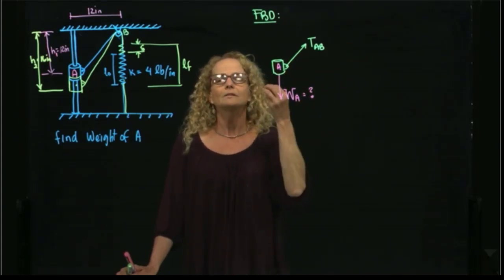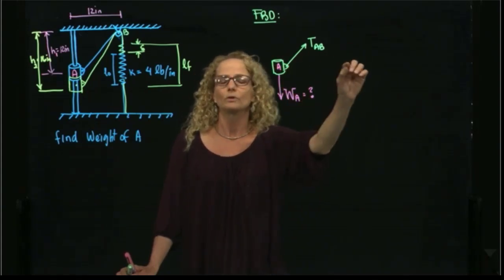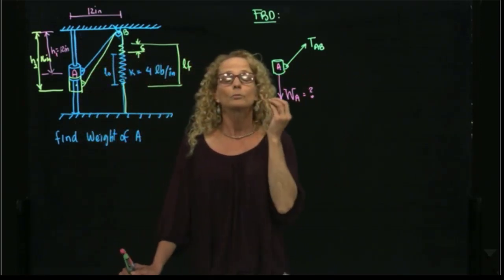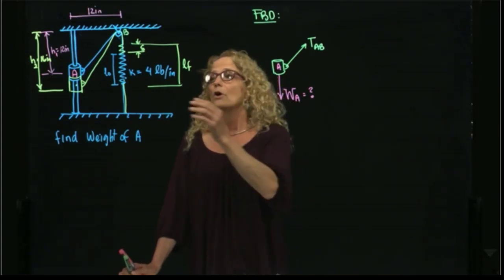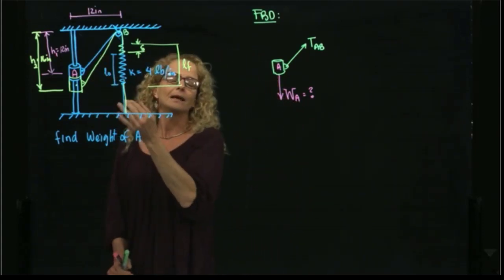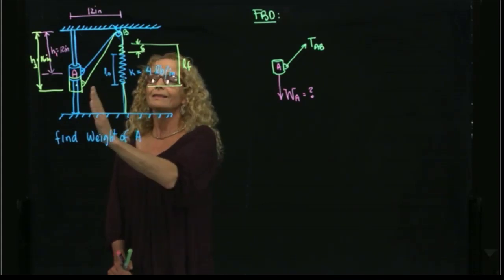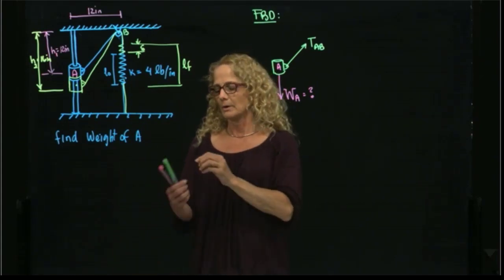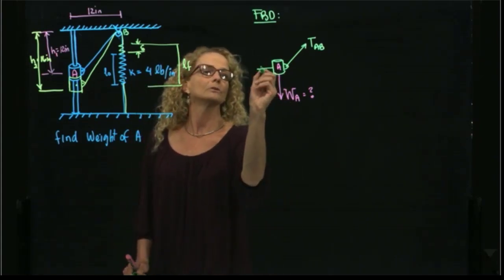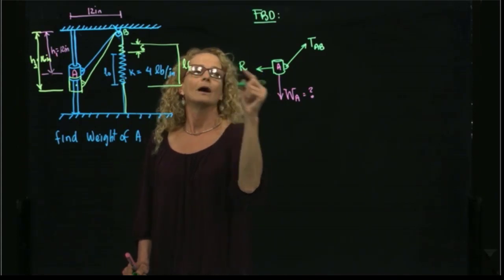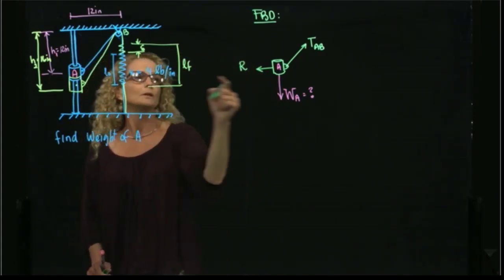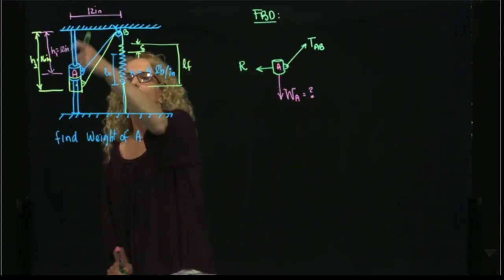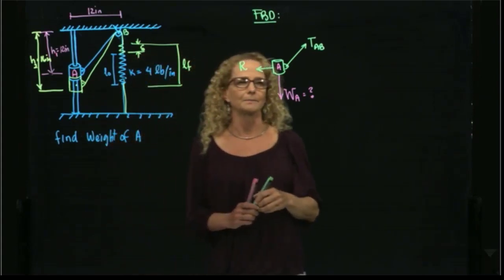So what is preventing this coil from moving to the right? This bar over here. So I always have to put the reactive force of any device that is preventing motion. So anything that prevents motion creates a reaction in my free body diagram. So here I have a reaction R, which is the reaction between the coil and the bar over here, which the coil is sliding.